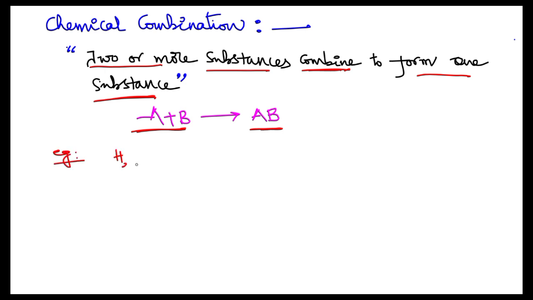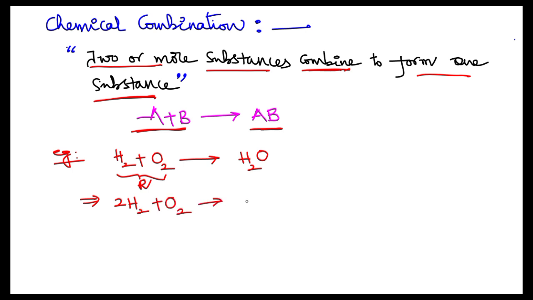When hydrogen and oxygen combine, means these are reactants, we get H2O. If you balance this equation, you will get 2H2 plus O2 gives us 2H2O.